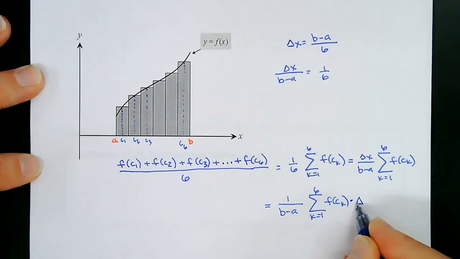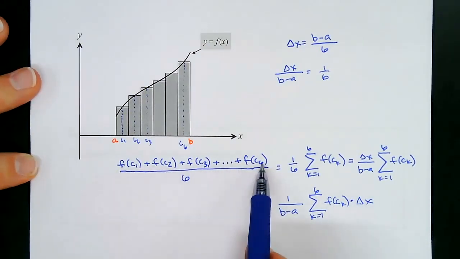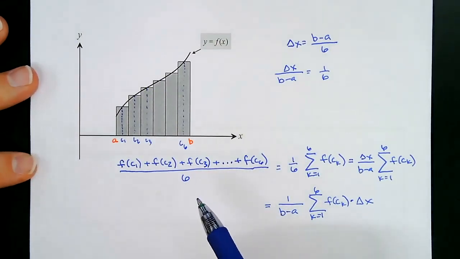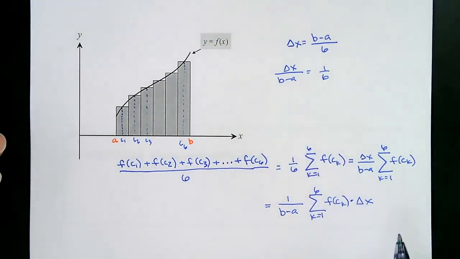times my delta x. And once again, adding these 6 function values together and dividing by 6 is one way to get the average. You can do it this way when there's a finite number like 6. But this is saying there's another way we can do it, right?